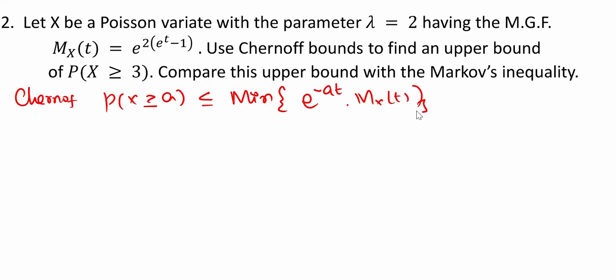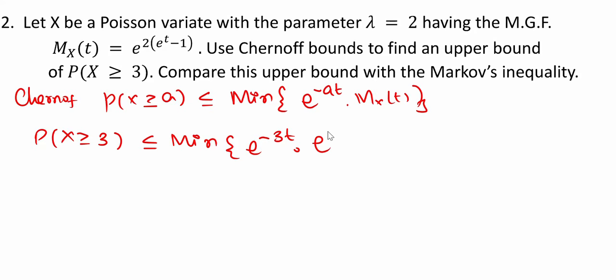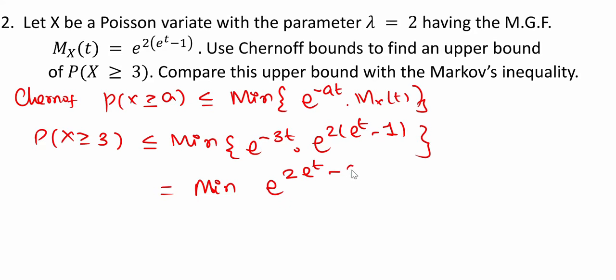Now what we require is probability of x greater than or equal to 3. This will be less than or equal to minimum of e power minus 3t, and M_x of t can be resubstituted from over here as e power 2 into e power t minus 1. Now this can be combined and written as minimum of e power 2 e power t minus 2 minus 3t.